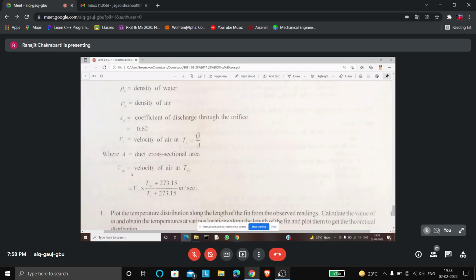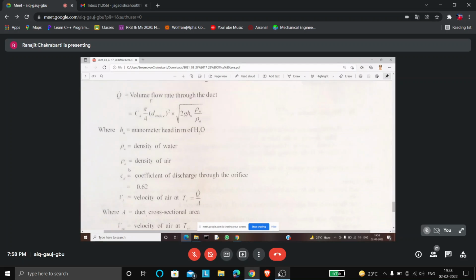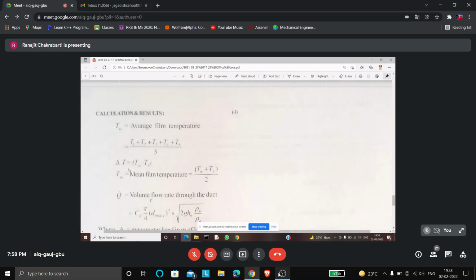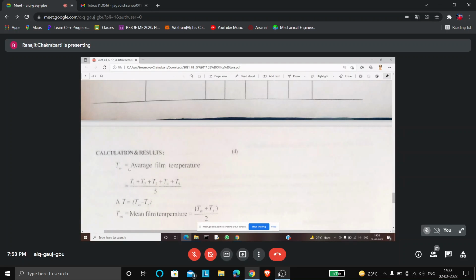Now we are interested in the velocity of air at mean film temperature. So for that, we have to use this relation. The ratio between the temperatures is equal to the ratio between the velocities. So from that theory, we can find out the velocity of air at T MF, mean film temperature. From that velocity, you can find out the Reynolds number.